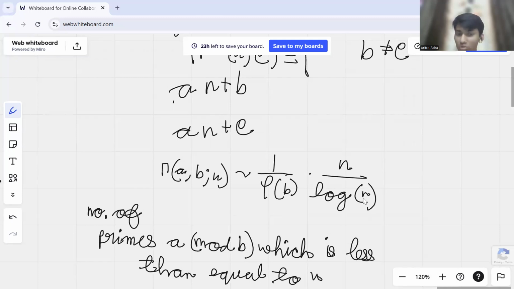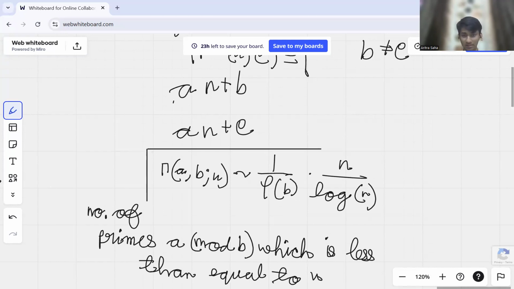Do you see why this is true? Because there are phi of b types of a's we can get. All of them are the same, and in total the density of primes is like n by log n. So the density of each a mod b will be 1 by phi of b times n by log n. The constant factor will be 1 by phi of b. So this is actually asymptotically the same.